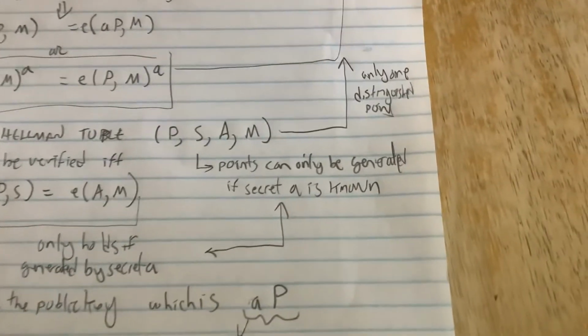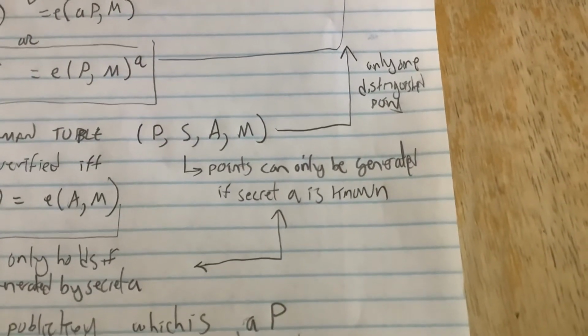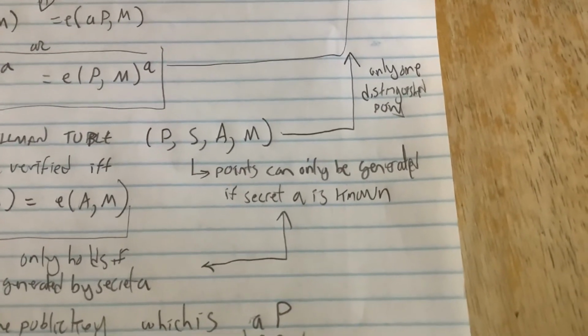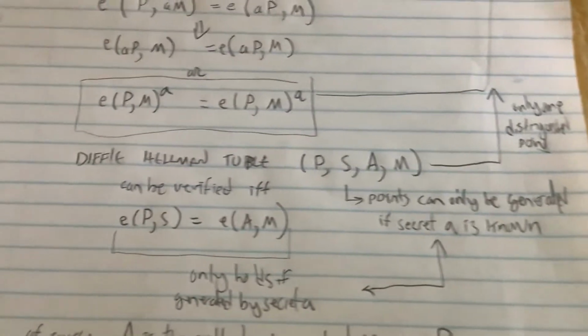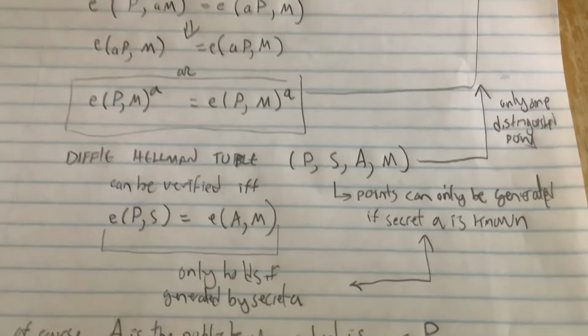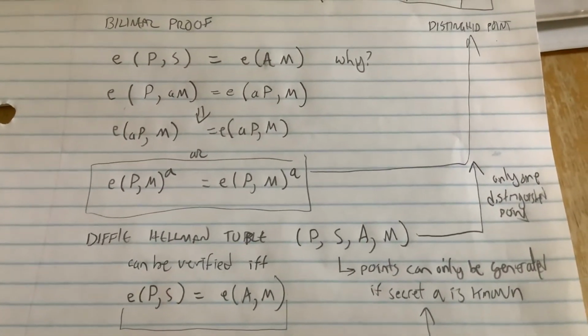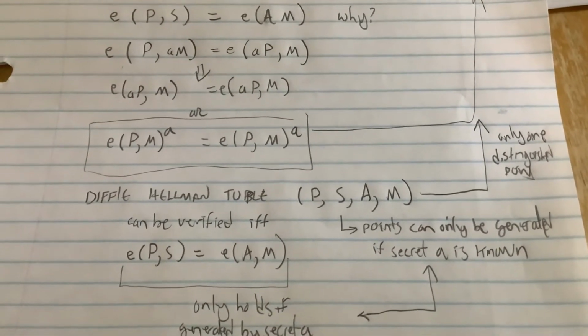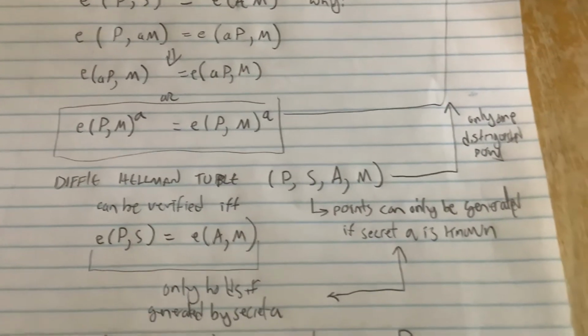The key thing here is that these 4 points, this quadruple, can only be generated if the secret A is known. The convention that I've adopted here is that anything in capitals is public for everyone to see. Anything in lowercase, in this case the letter a, is the secret.